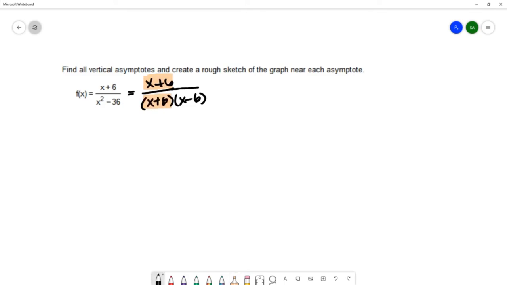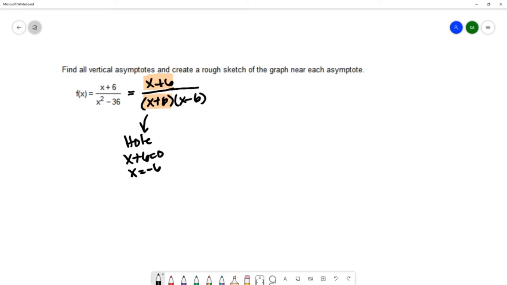If we have a common factor, that means we're going to have a hole in the graph. We can find the hole by setting that factor equal to 0. So this function will have a hole in the graph at x equals -6.